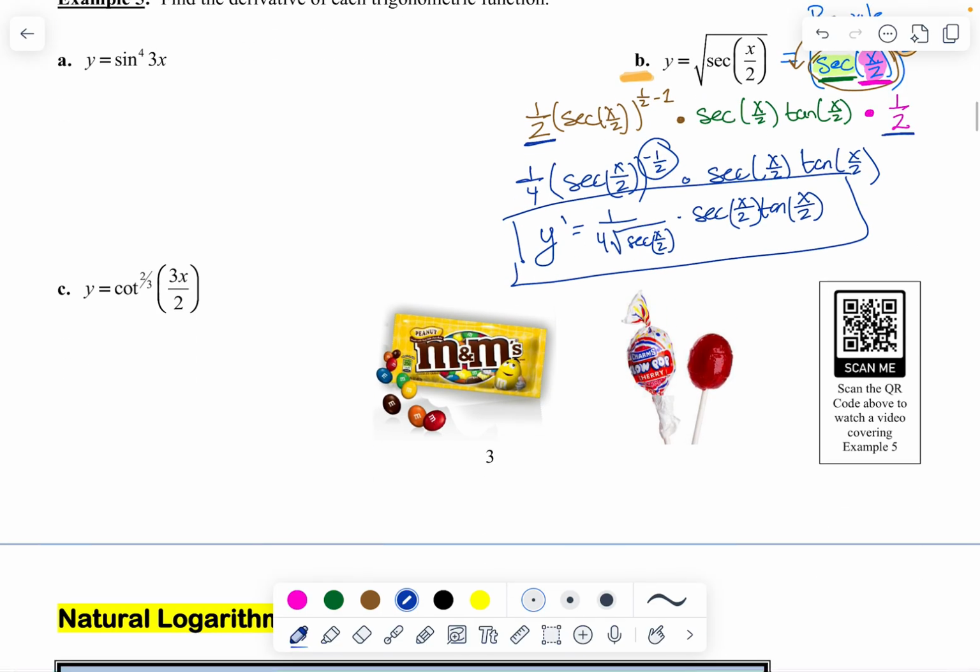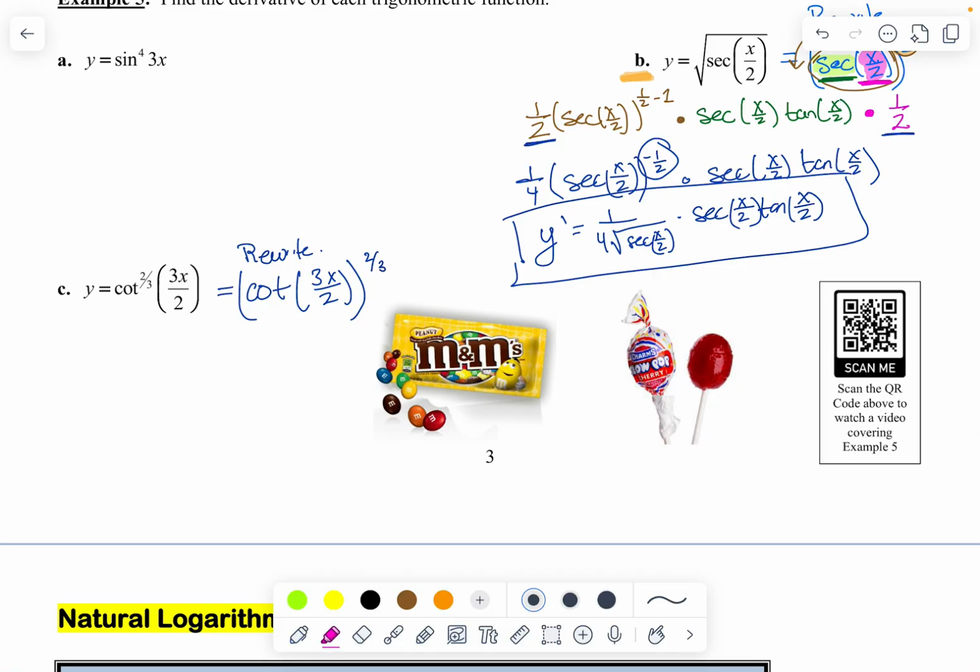All right, moving on to C. In C, again, we're always going to try to rewrite it using parentheses so we can identify the inner and outermost functions. So this is going to be rewritten as cotangent of 3x over 2, all of that raised to the 2/3.